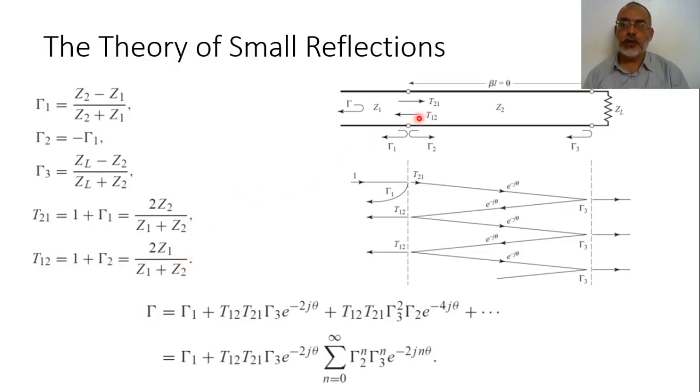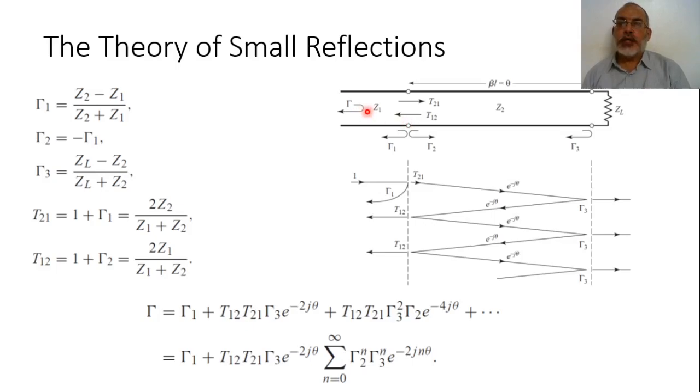So some part would be coming here. This part which is passing to Z1 will have a phase shift equal to theta, because it has a phase shift e to the power minus j theta to go from the intersection between Z1 and Z2 to Z load, and another e to the power minus j theta to go from Z load to the intersection once again.